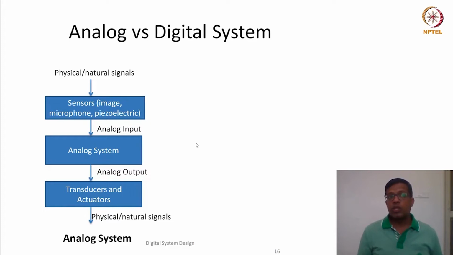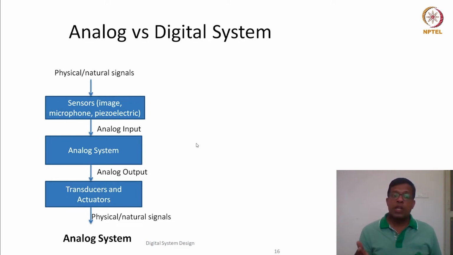These natural signals could be like wavelengths of light, and we can measure lengths, or there is some kind of pressure or frequency which we feel. Sound waves are also different. Whenever we do any kind of electronic processing, first all of these natural or physical signals are converted into analog signals. There are various kinds of sensors which are present.